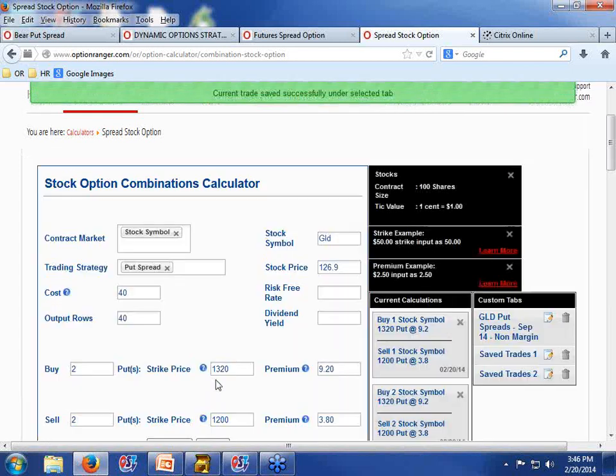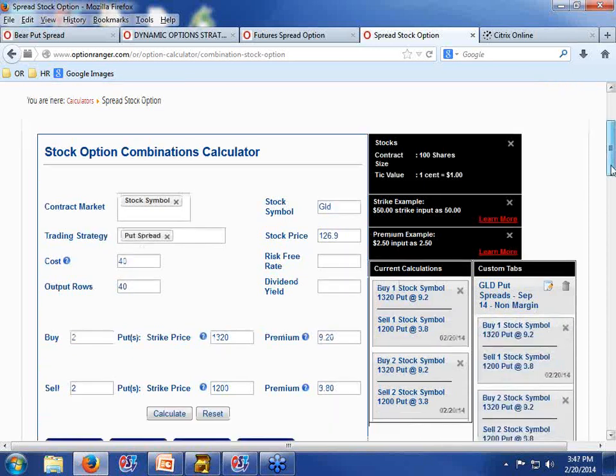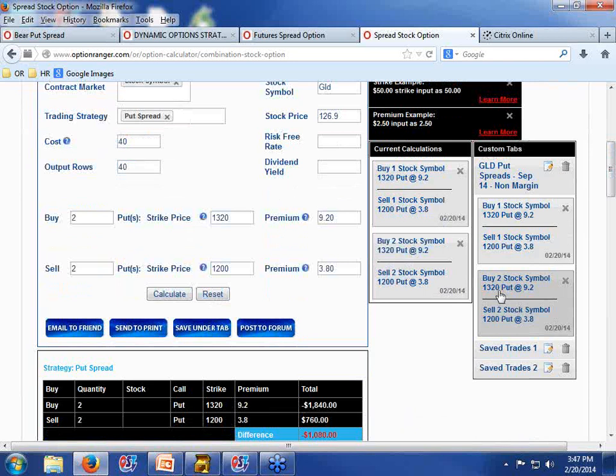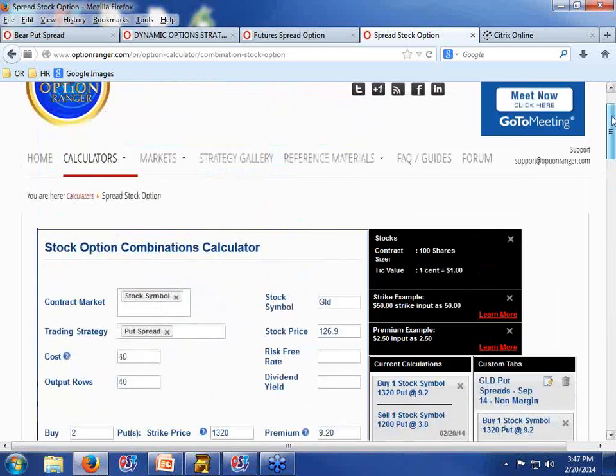Then I'm going to save the trade, and let's have a look. And there, as you can see, we have the second saved trade, buying 2 puts at 13.20, selling 2 puts here. We have the premiums, and we have the date that we put the trade in, so that we can follow it up later on if we want to, and see how it's doing.